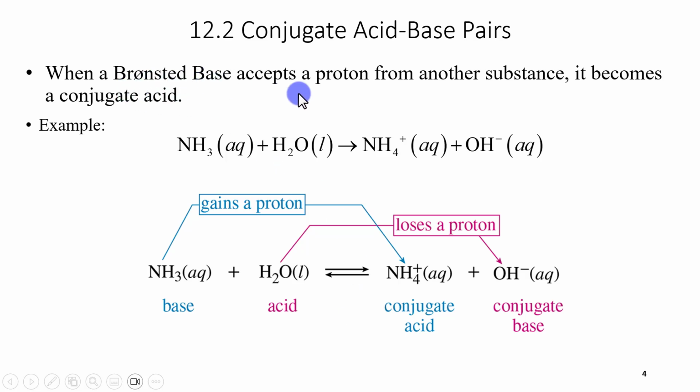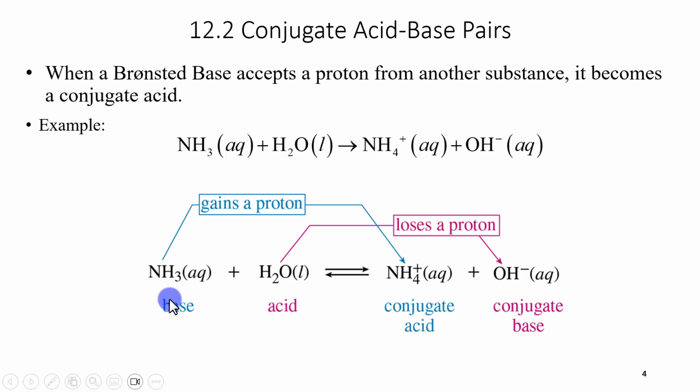When a Bronsted base accepts the proton from another substance, it becomes a conjugate acid, and we mentioned that. Here's an example. If I have ammonia in water, I get NH4 plus OH minus. What is happening here? Ammonia is accepting a proton from the water, giving NH4 plus. And water is giving off a proton, forming OH minus. That's what's left over when water loses a proton.